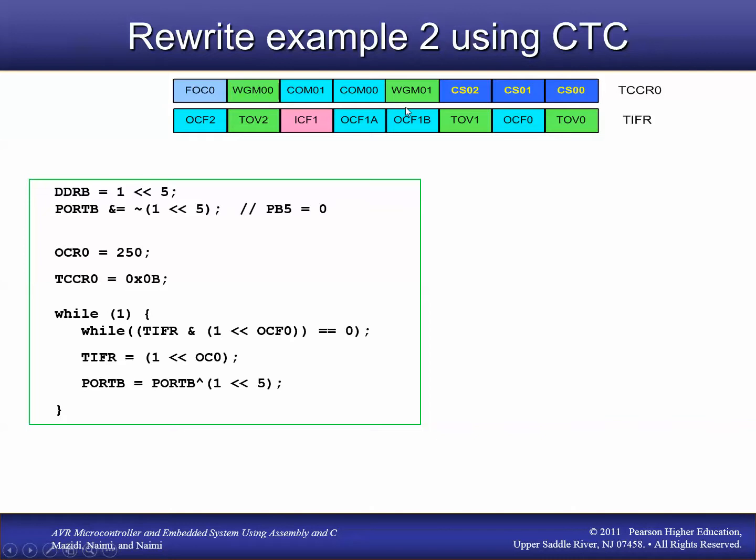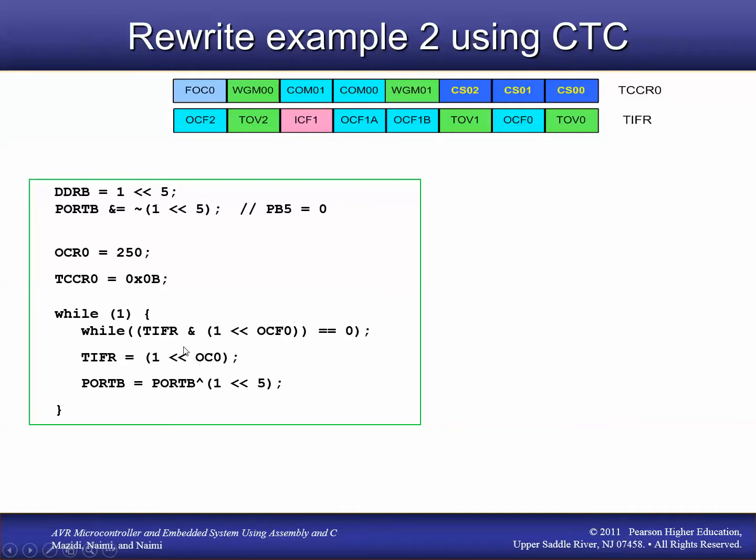So 01 for the WGM bits makes that CTC mode, and then 011 for the clock selection bits makes it a prescaler of 64. So you remember 250 cycles at 8 megahertz over 64 is equal to 2 milliseconds.